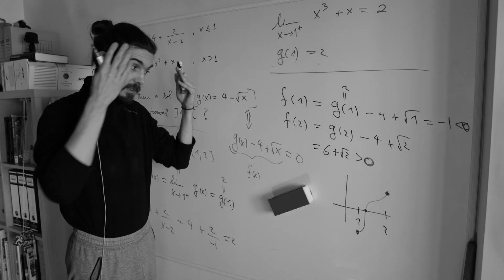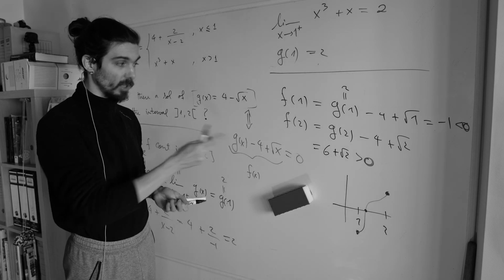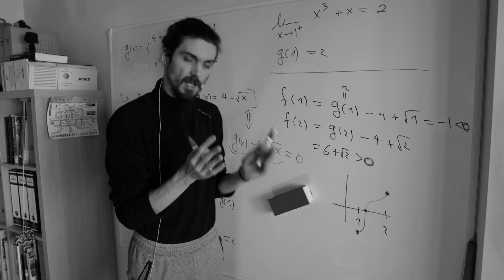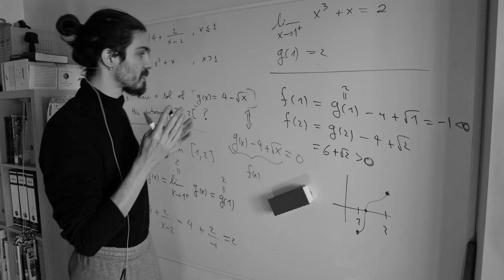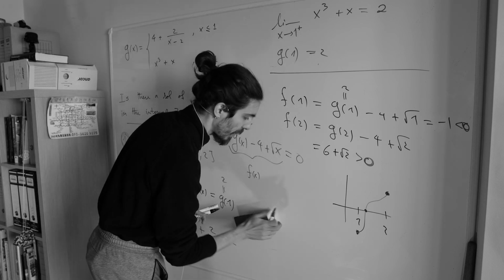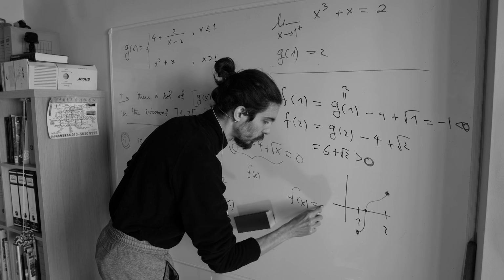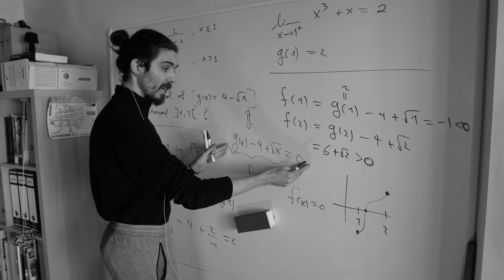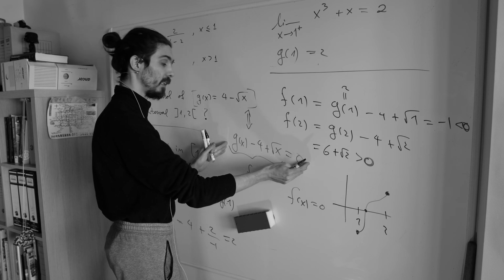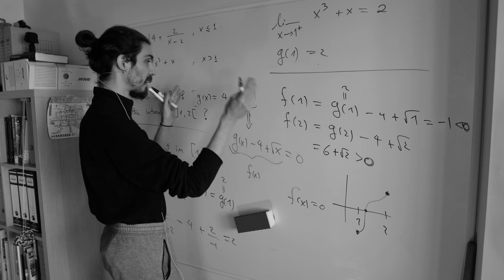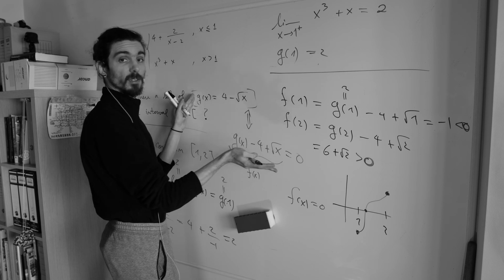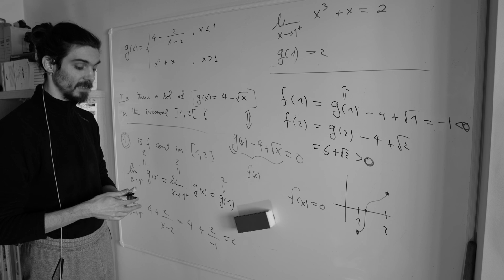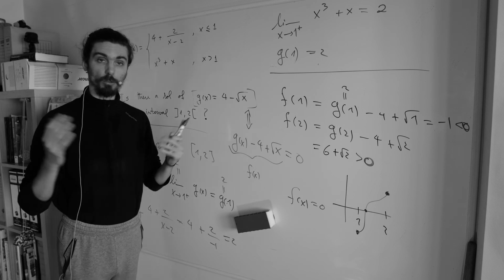But crossing the horizontal axis in this interval is the same thing as saying that f of x equal to 0 has a solution in that interval. That means the original equation has a solution in that interval. So we have just confirmed the claim, and the exercise is essentially solved.